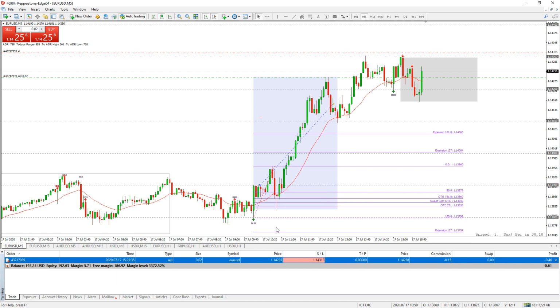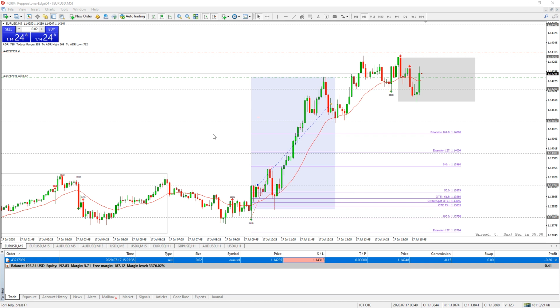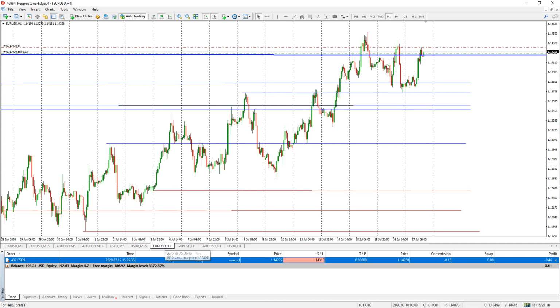Why did I take it up there? Well, I'm actually kind of experimenting with different setups, but basically still using the same concept of order flow. So we know that we are looking for a buy, right? Why do we look for a buy? Right over here, we still have not gone into the red lines.